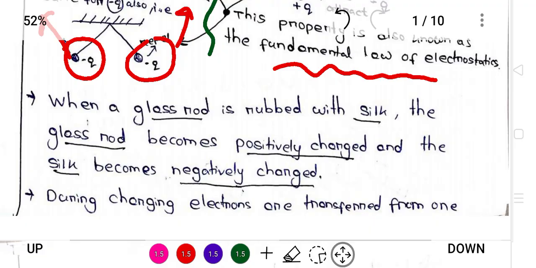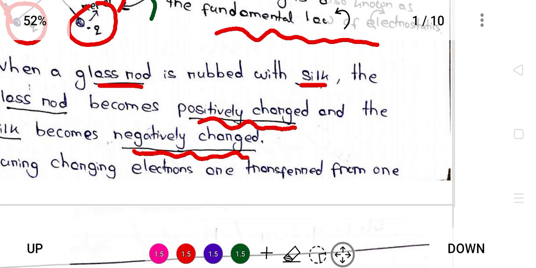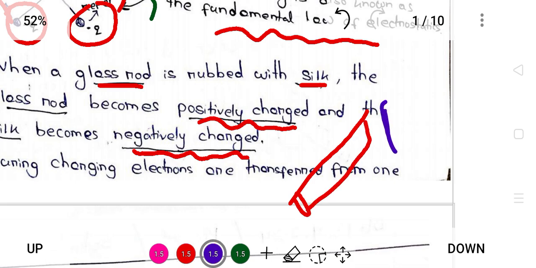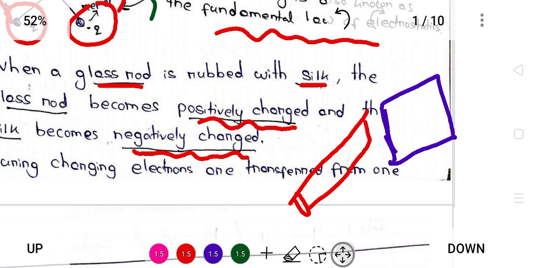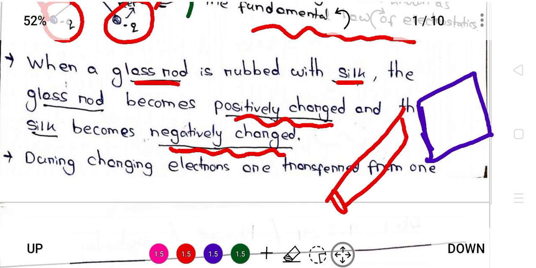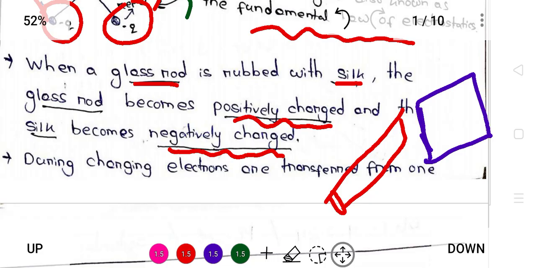Consider an example. When a glass rod is rubbed with silk, the glass rod becomes positively charged and the silk becomes negatively charged. So what happened? Let's see. Let's say there is a glass rod and let's say this is silk. When these two are rubbed against each other, it causes heat because of friction, and because of the heat, the electrons of the glass get sufficient energy to jump from the glass to the silk.